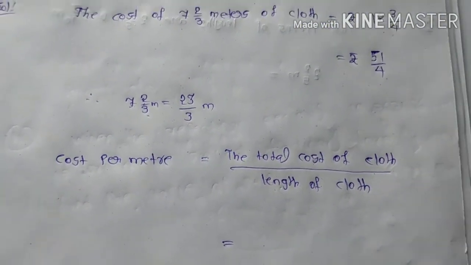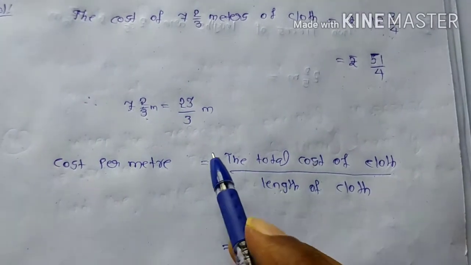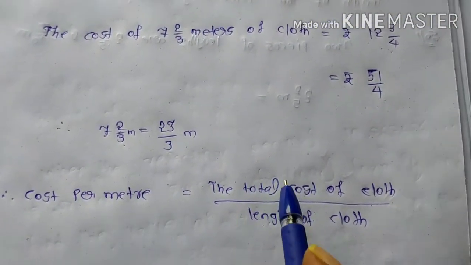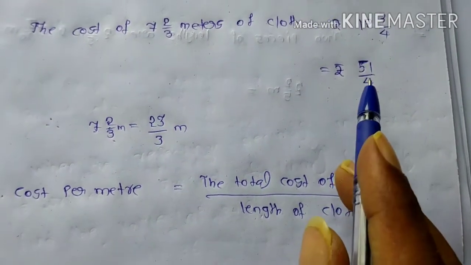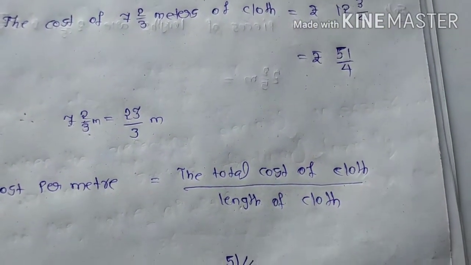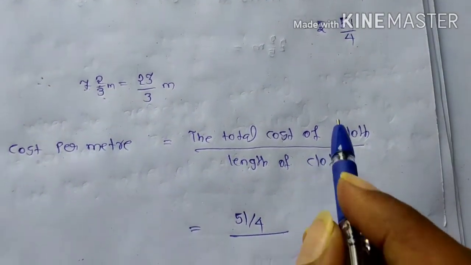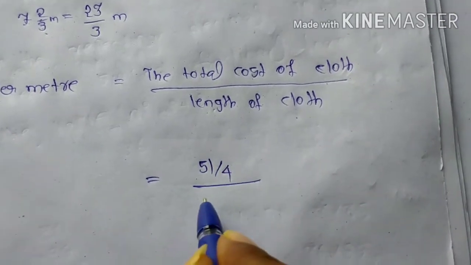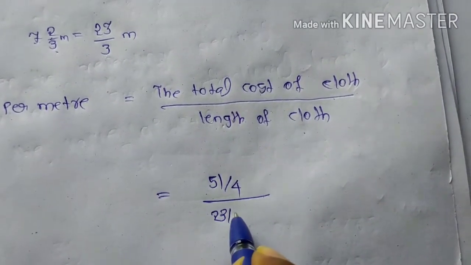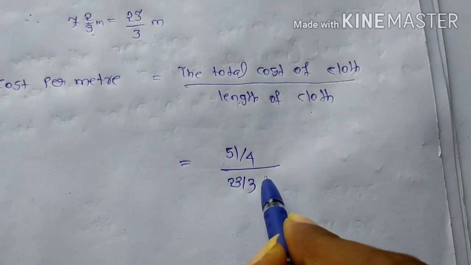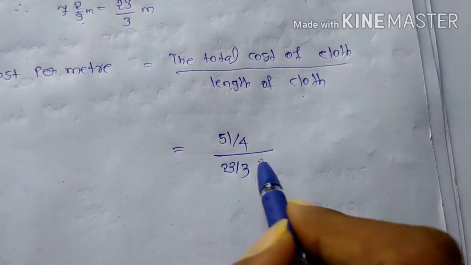Now you need to find the cost per meter. How can you find? Therefore, cost per meter is equal to the total cost of cloth. The total cost of cloth is how much? 51 by 4, divided by the length of the cloth, which is 23 by 3 meters. To remove this division, you can write it as multiplication.